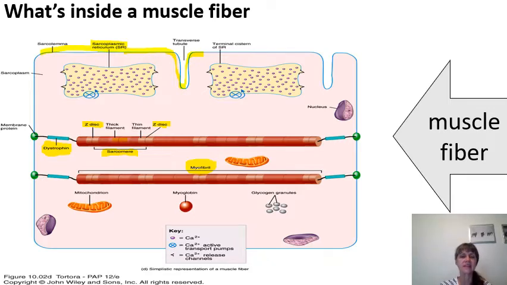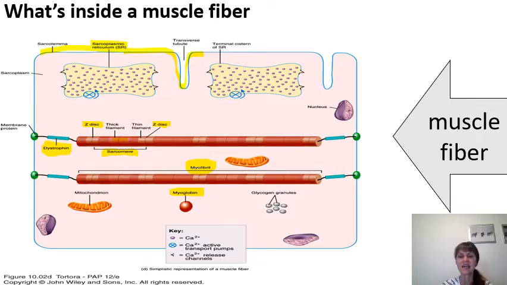We also see lots of mitochondria in the sarcoplasm. We find myoglobin inside the sarcoplasm. Myoglobin stores oxygen in skeletal muscle fibers, just like hemoglobin carries oxygen in our bloodstream.